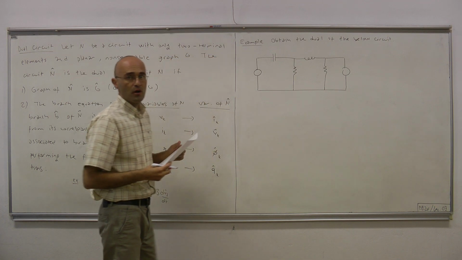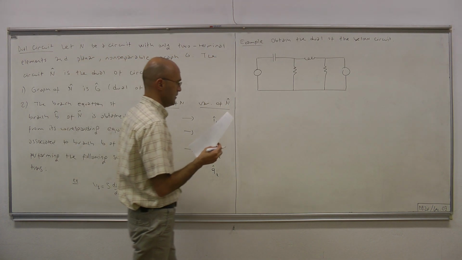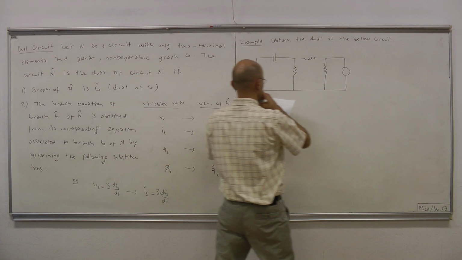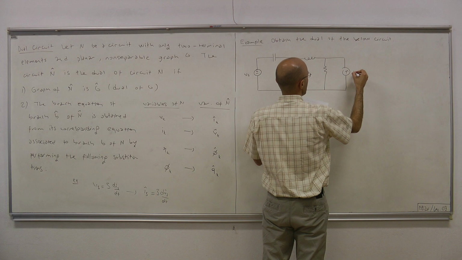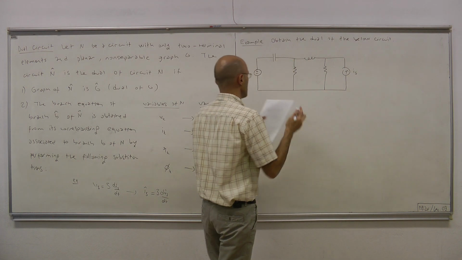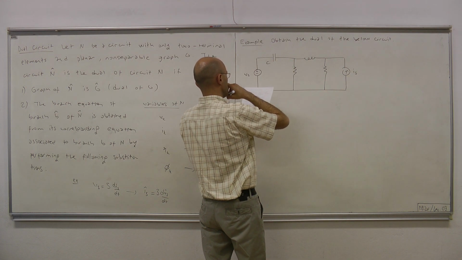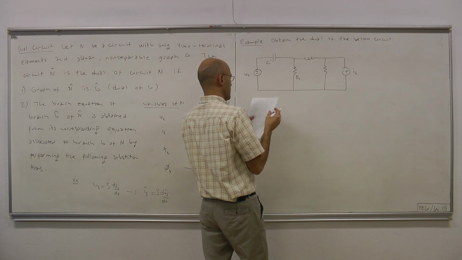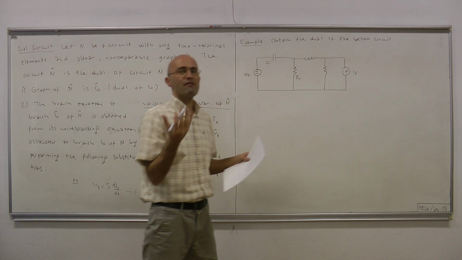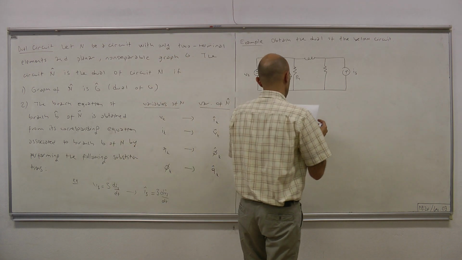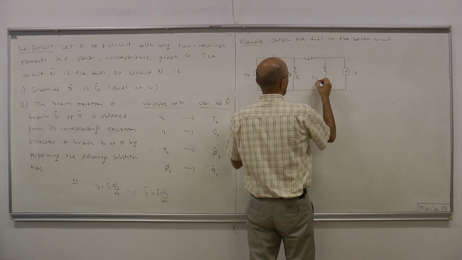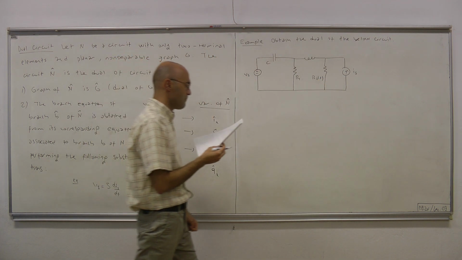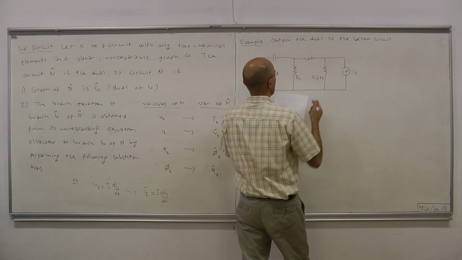Two sources, two resistors, and one capacitor, one inductor. Plus minus Vs. This is an independent voltage source. Here we have an independent current source, Is. Here we have an LTI capacitor with capacitance C, an LTI resistor with resistance R1, a linear time varying resistor with resistance R2 of t.